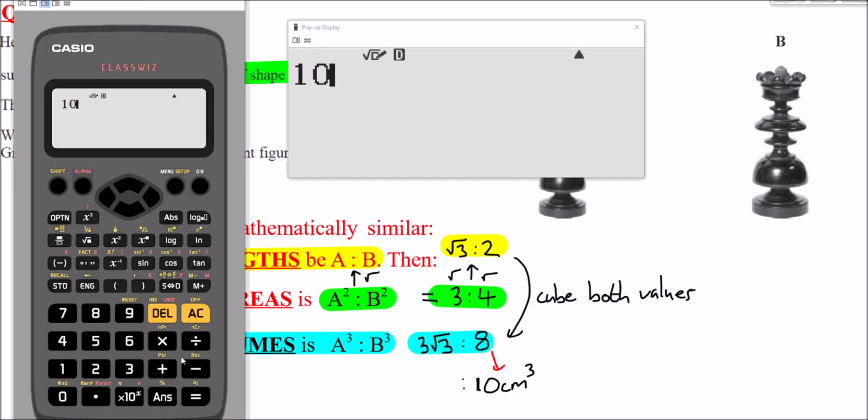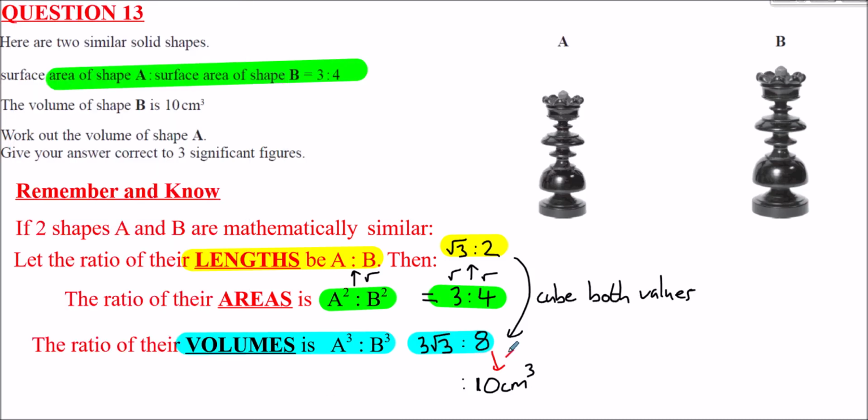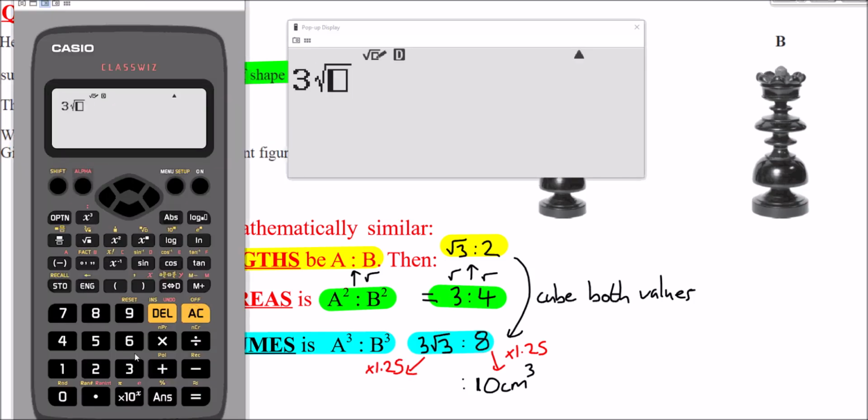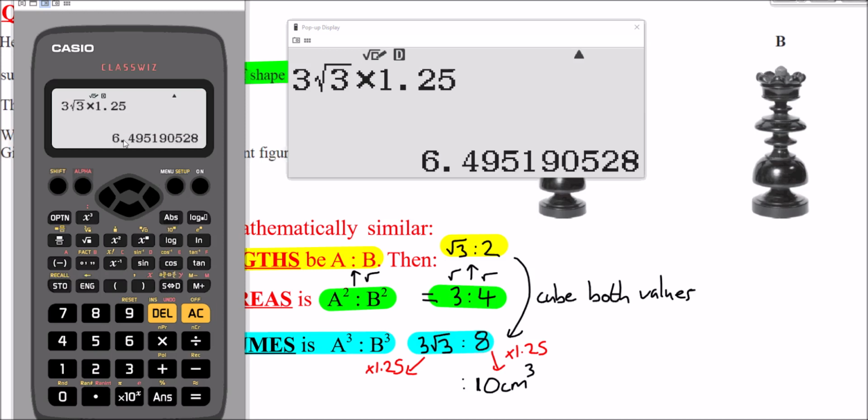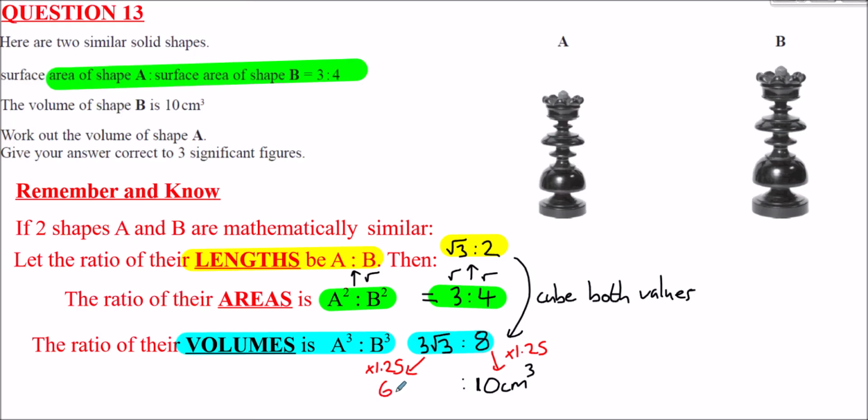So 10 divided by 8 is 1.25, so I multiplied by 1.25. If I do it to the 8, I can work out the volume of A by again multiplying that by 1.25. So 3 root 3 multiplied by 1.25 gives me 15 root 3 over 4, so 6.495 and so on. 6.495.